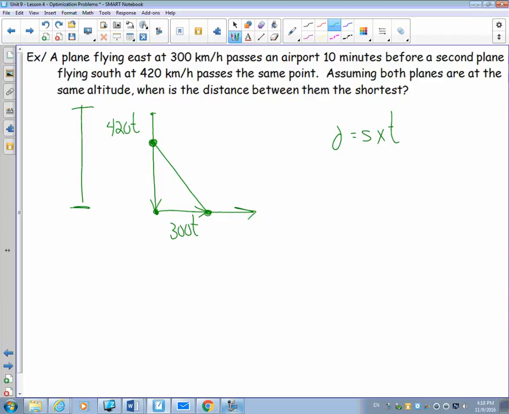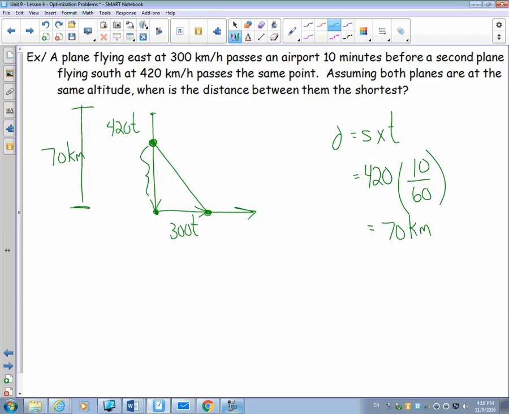Well, how far is it going to go in 10 minutes? It's traveling at a speed of 420 kilometers an hour for how much of an hour? 10 minutes of the 60 minutes, right? 1/6 of an hour. So it's going to cover a distance of 70 kilometers. That's how far apart these planes are initially.